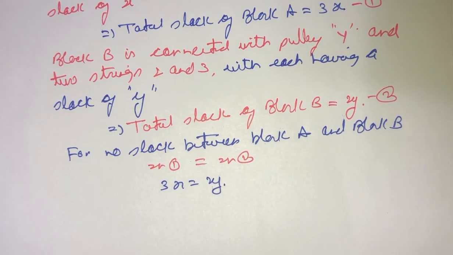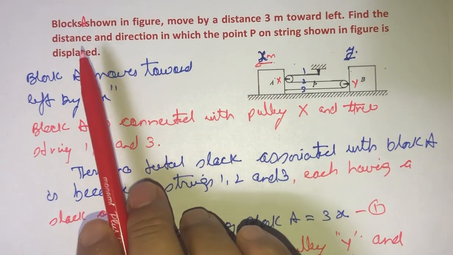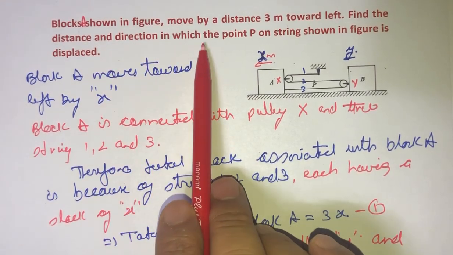Now in this case, we are supposed to find out the distance and direction in which point P moves.